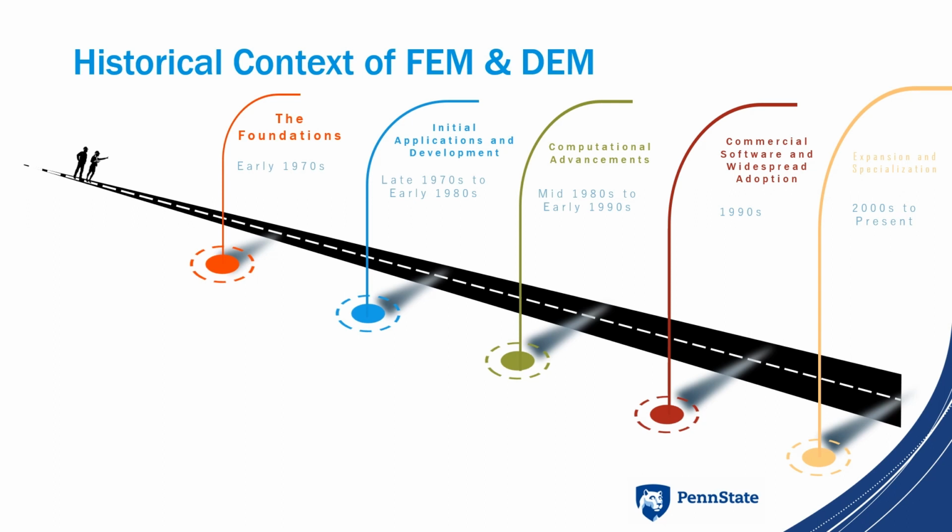Researchers recognized the need for a more comprehensive understanding of complex systems that exhibit behavior at multiple length and time scales. Over the past 2 decades, significant progress has been made in developing coupling techniques to integrate DEM and FEM models effectively. Various strategies have been explored, including explicit coupling, implicit coupling, and hybrid approaches.